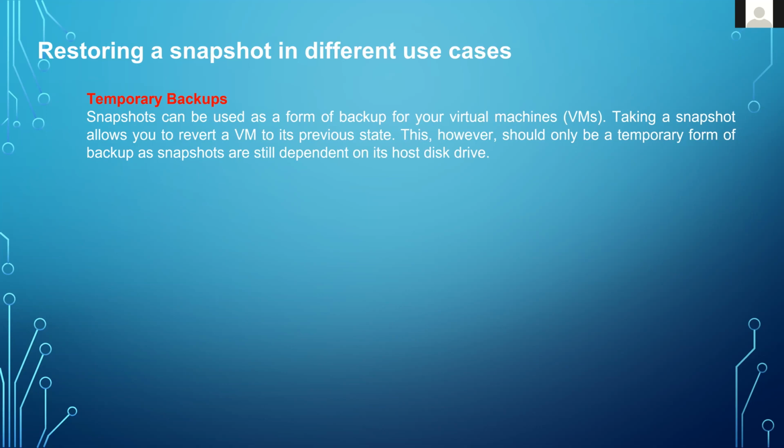But at the end, as we can see, it's still dependent on the host disk drive. So it's a temporary backup. It's not a real backup. Backup means you are saving your data on other storage, using specialized backup tools and keeping your data on other storage. So this can be good for temporary backup, but not for permanent backup.